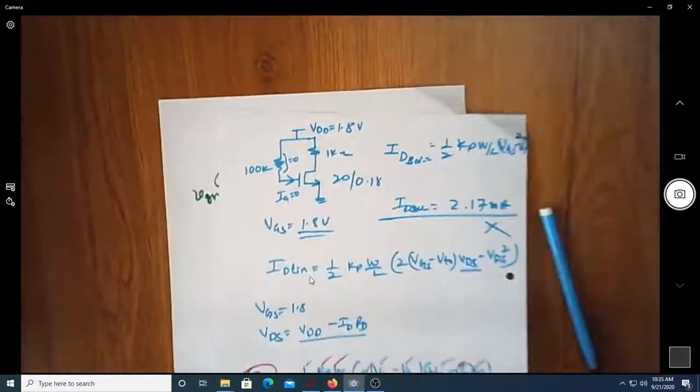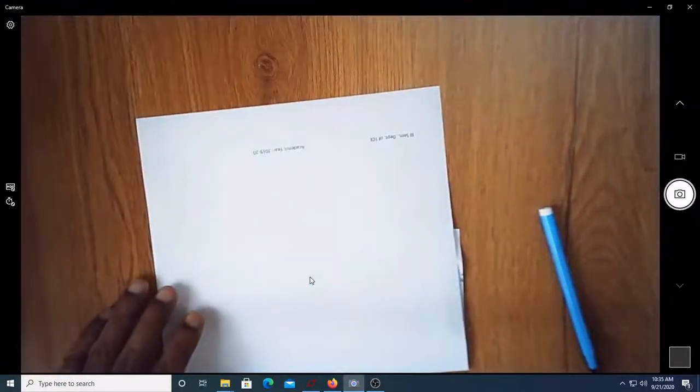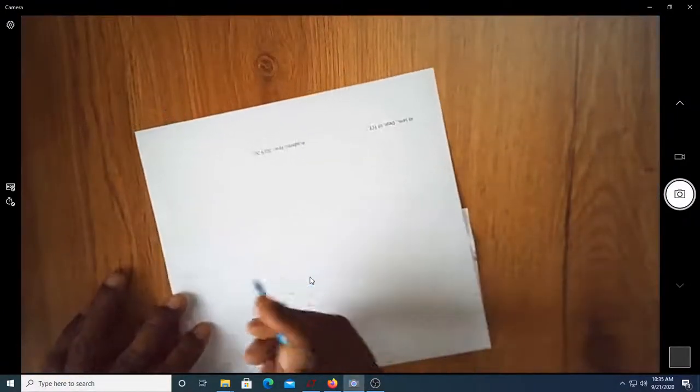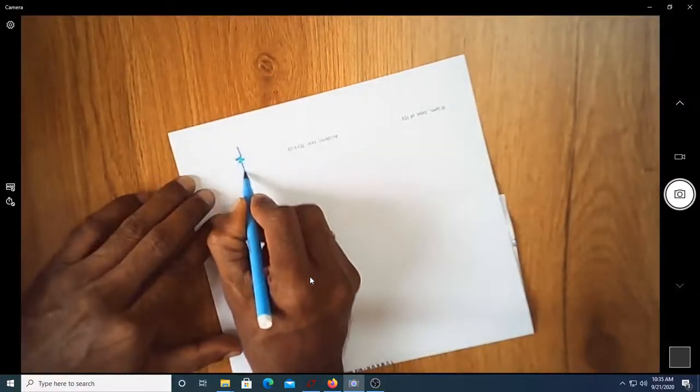Let us go to the third problem, sorry, the last and the fourth problem, where you had the expression for again finding out the value of ID. In this particular case, the circuit is slightly different.